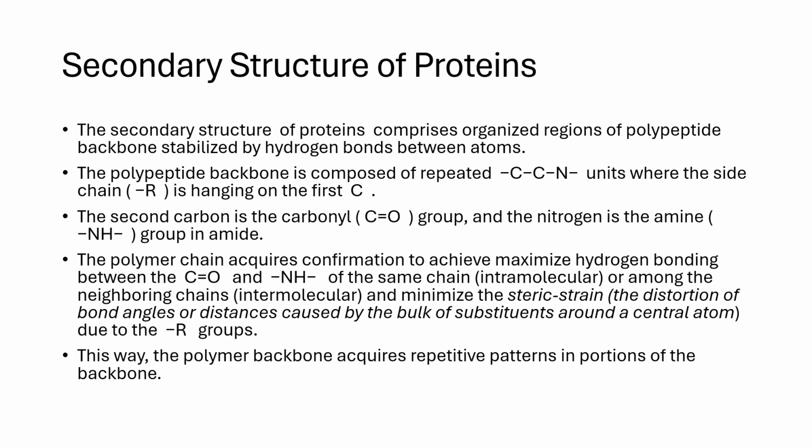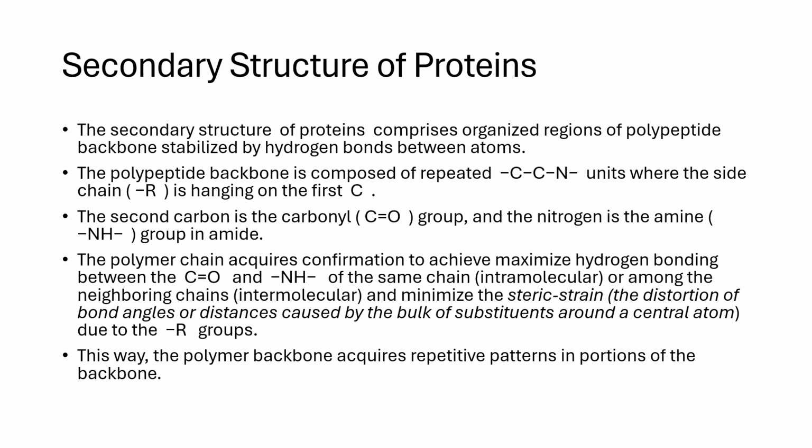So you have to understand the basic requirements: the polymer chain acquires conformation to achieve maximum hydrogen bonding of the same chain or among the neighboring chain, intermolecular or intramolecular, and minimize steric strain, distortion of bond angles or distances caused by the bulk of substituents around the central atom due to its R groups.